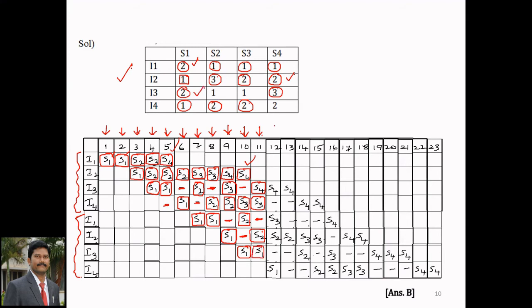At clock cycle 12, S4 continues because I3 takes 3 clock cycles in S4. Because S4 is busy, it has to wait.